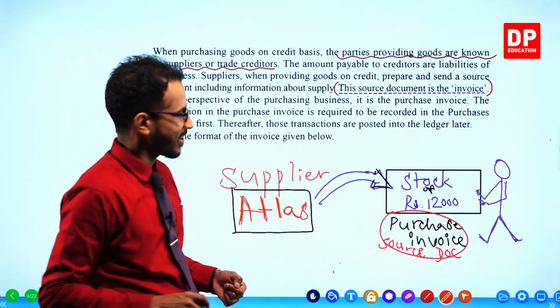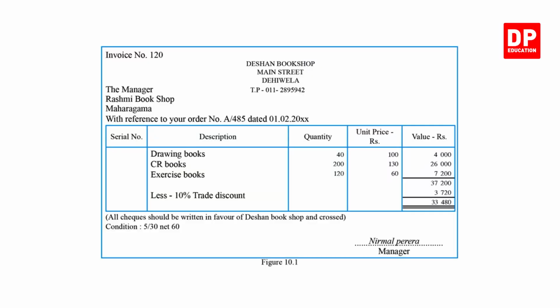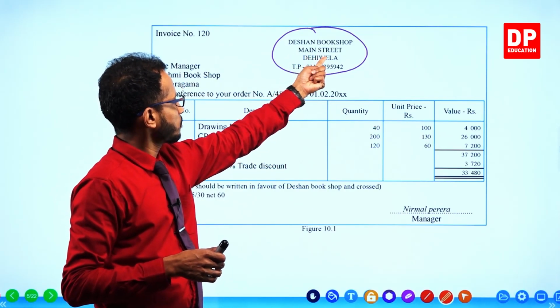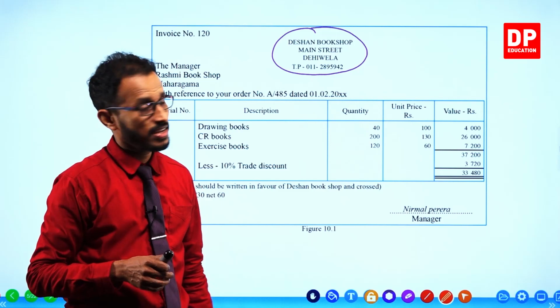There you go. We have a purchase invoice. This is my business, or the business who is purchasing. Let's say my bookshop is Deshan Bookshop. It's in Main Street, Dehibala.